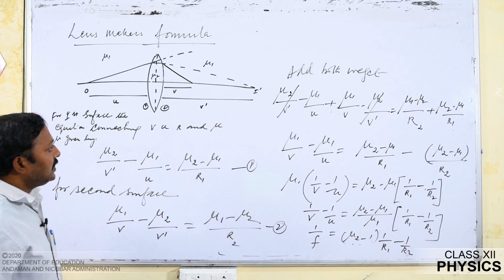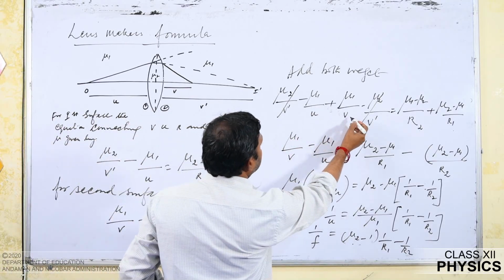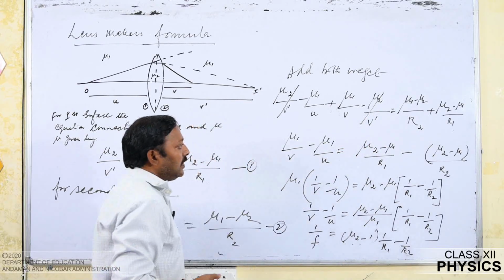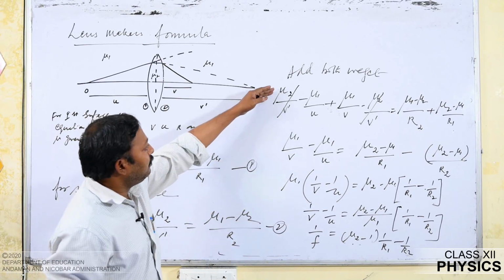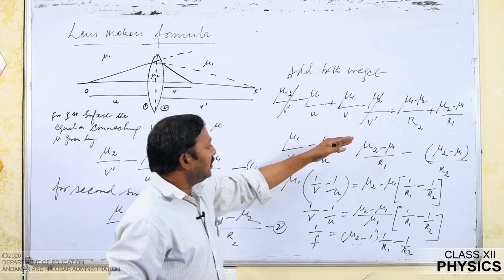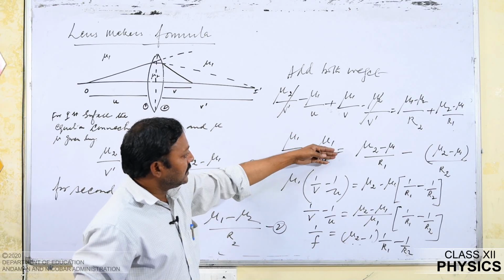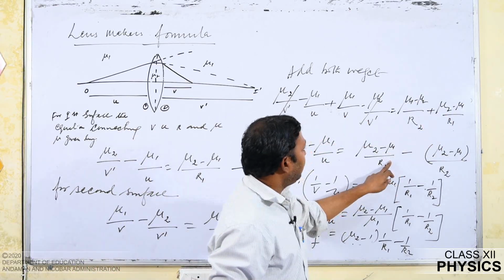Adding these two equations gives mu 2 by v dash minus mu 1 by u plus mu 1 by v minus mu 2 by v dash is equal to mu 1 minus mu 2 by r2 plus mu 2 minus mu 1 divided by r1. Here mu 2 by v dash and minus mu 2 by v dash cancel out, and finally we get mu 1 by v minus mu 1 by u is equal to, on the right hand side, mu 2 minus mu 1 divided by r1.